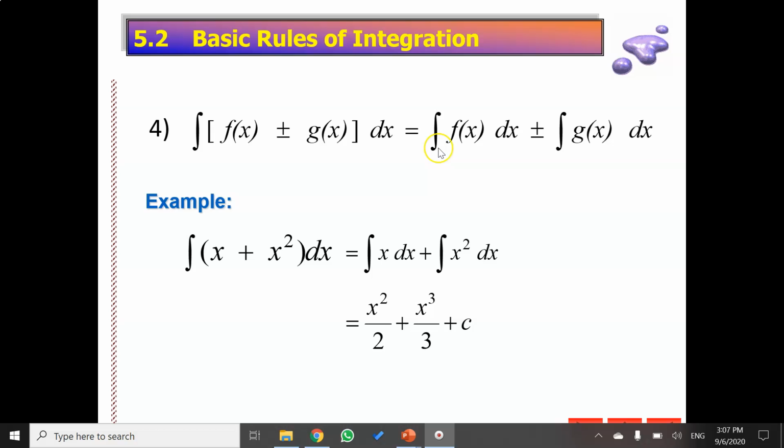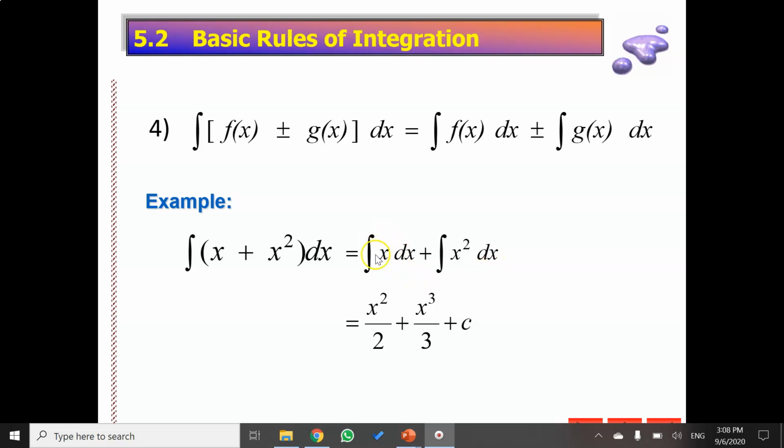You have the integration of f(x) dx plus or minus the integration of g(x) dx. For example, integrate x plus x squared dx. The first function is x and the second function is x squared. So now we write it down again: the integration of x dx plus the integration of x squared dx.